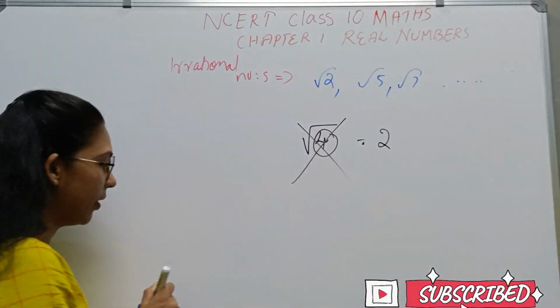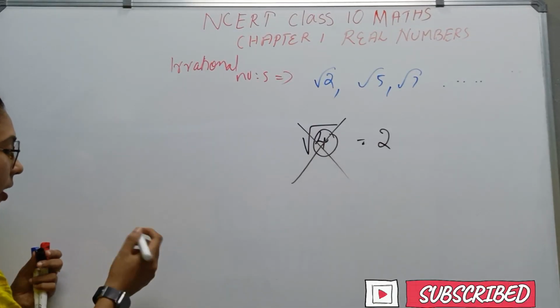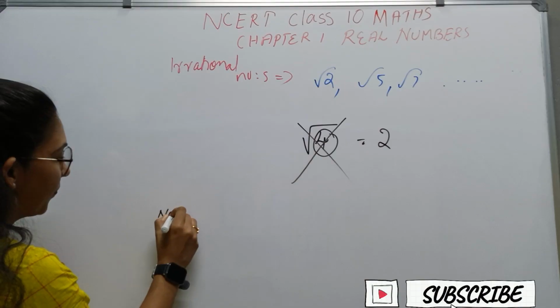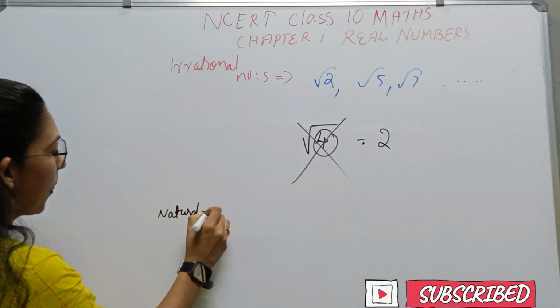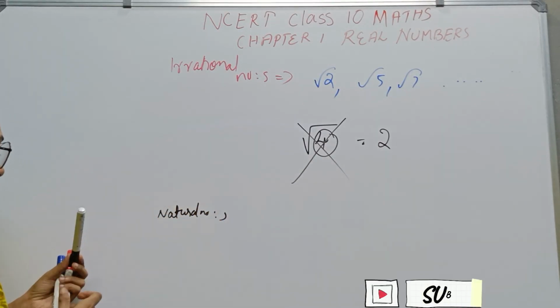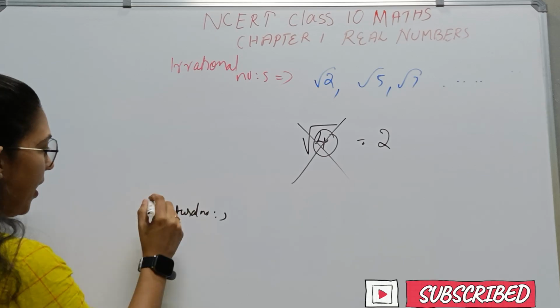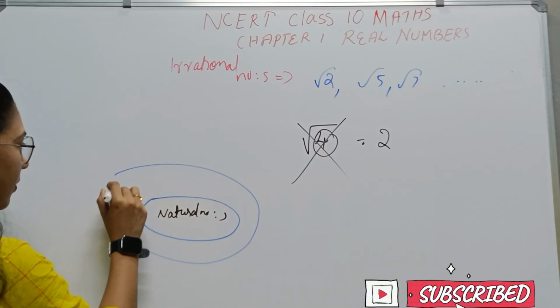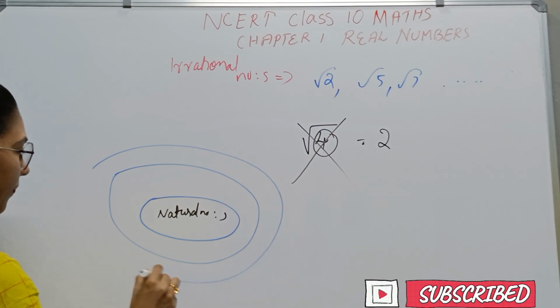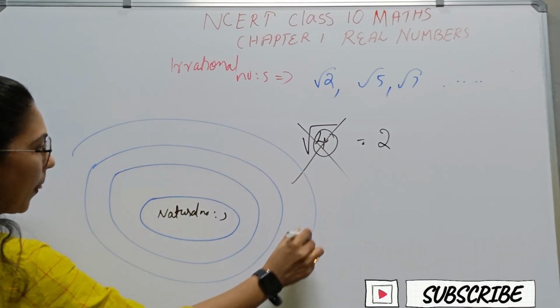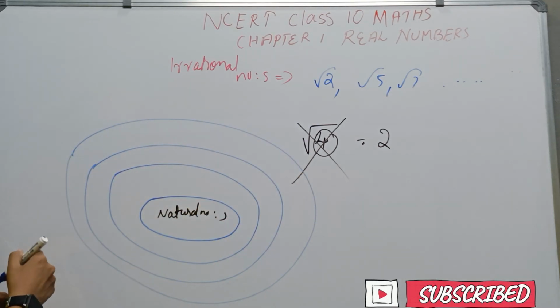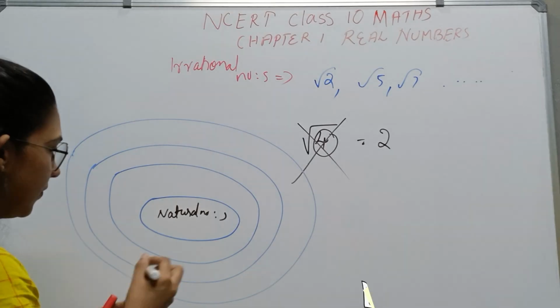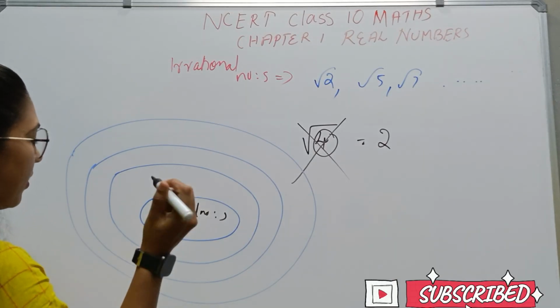Okay, so now let's recollect all the points. That is natural numbers. Okay, so this is a chart: natural numbers are there.